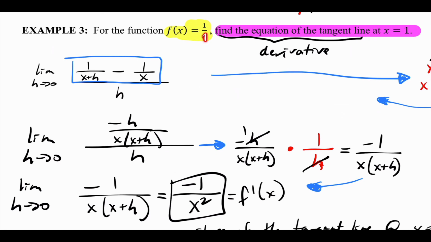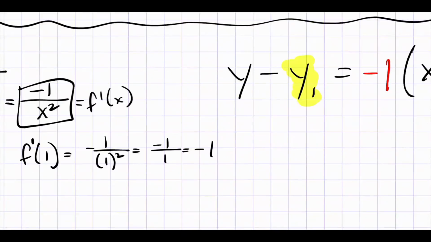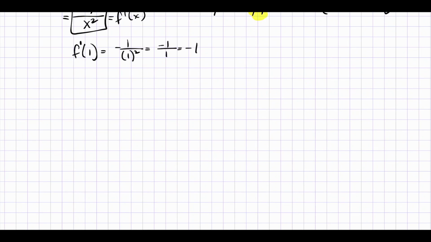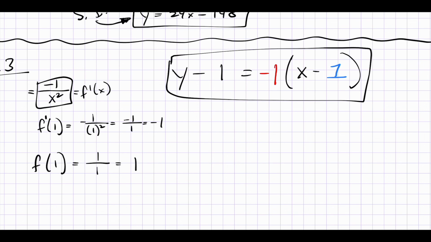So when I plug in 1 in here, I get 1 over 1. So I plugged in f of 1, which is 1 over 1, which is 1. Done.